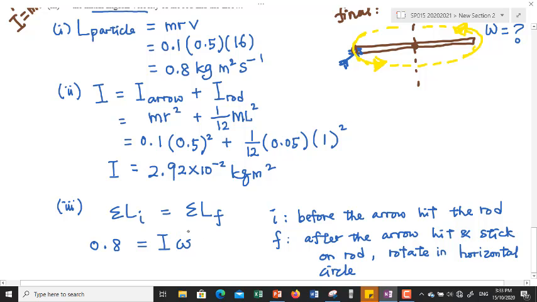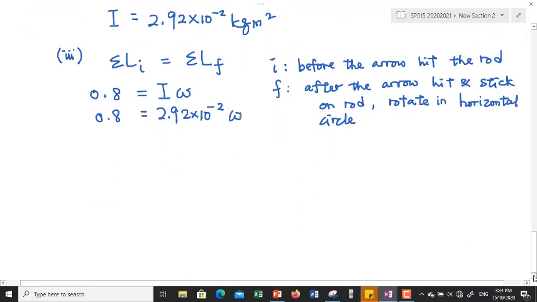This omega is the value that we want to determine. So 0.8 equals, final has the arrow and also the rod, so the moment of inertia will be 2.92 times 10 to the power of negative 2, times omega. So we do the calculation, and we will get omega as 27.43 radian per second.